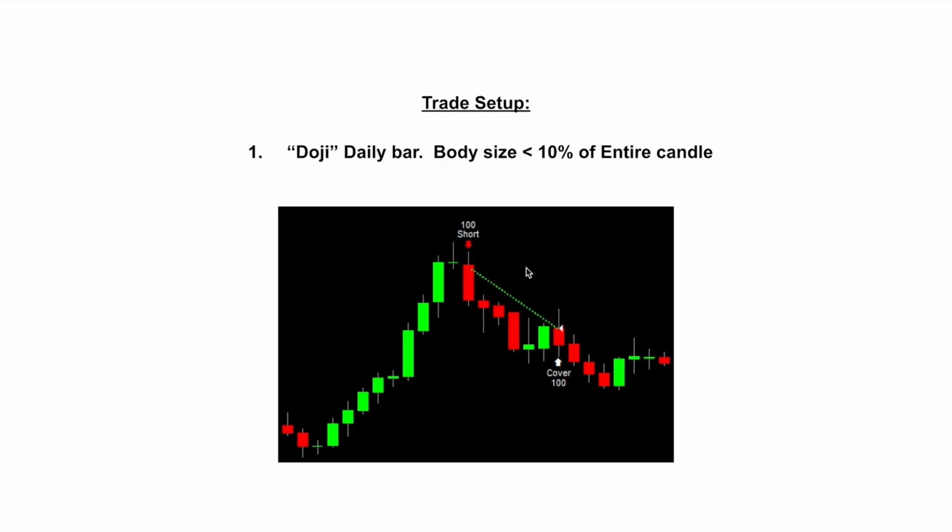So looking back at the example, we can see that yesterday, which is going to be this bar here, the bar prior to the Doji, now the close, which is here, has to be the highest over the last 10 bars. And if we count back 10 bars, we can see clearly, yes, it was the highest close over the last 10 bars, because this is a reversal setup. So we're looking for some extreme pushes up, and then we're looking to short them, and the opposite when we're going to go long.